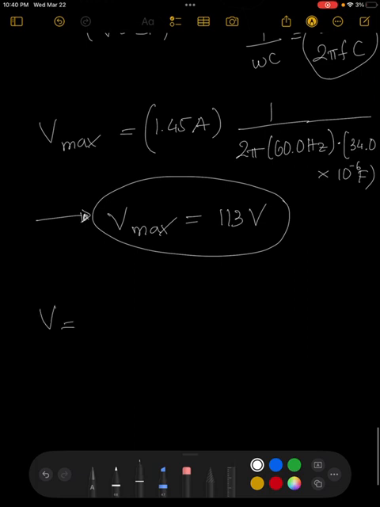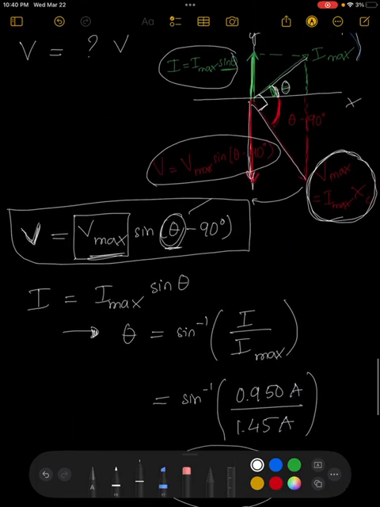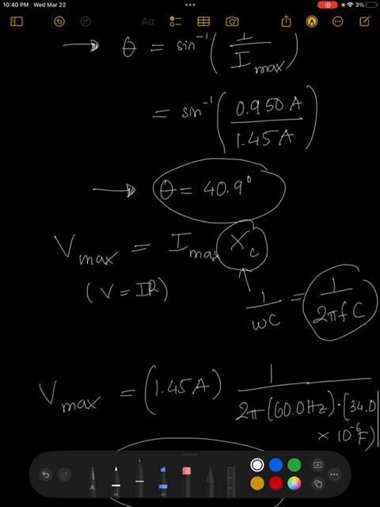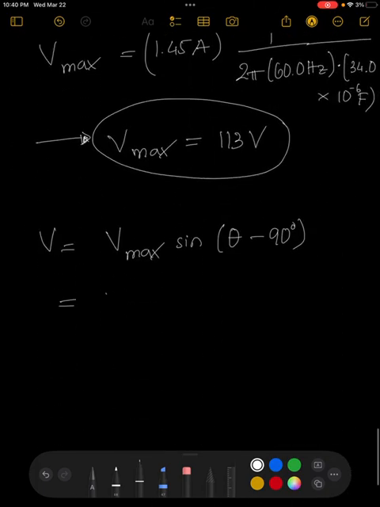So instantaneous voltage is Vmax sine theta minus 90 degrees, based on this phasor diagram that we have here, this colorful diagram right here. 113 volts, sine of 40.9 minus 90 degrees.